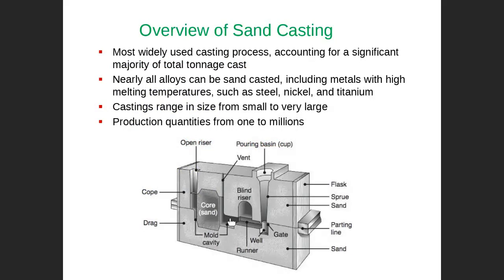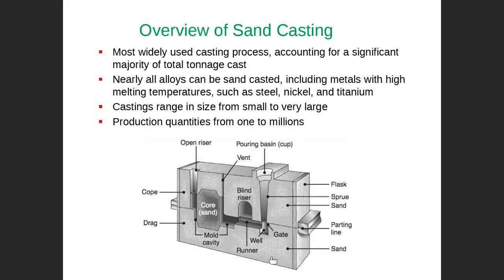Overview of sand casting. We start with the expendable mold. In chapter 7, we discussed sand casting, and I remind you of what we discussed. This is a mold in sand casting.